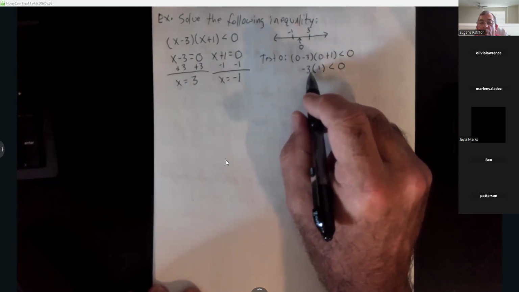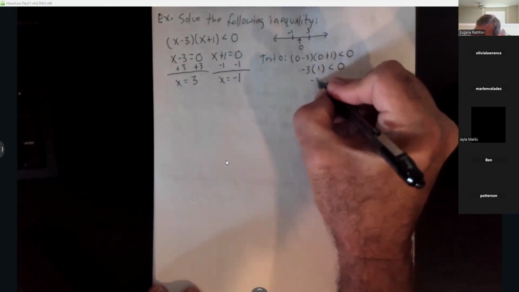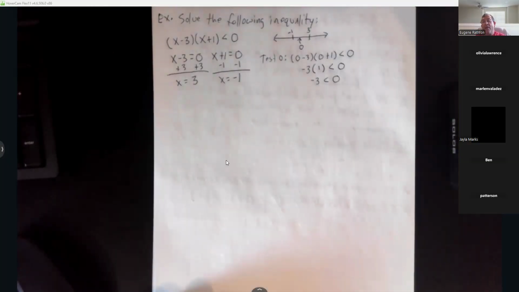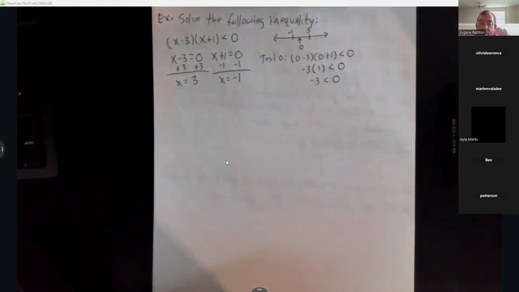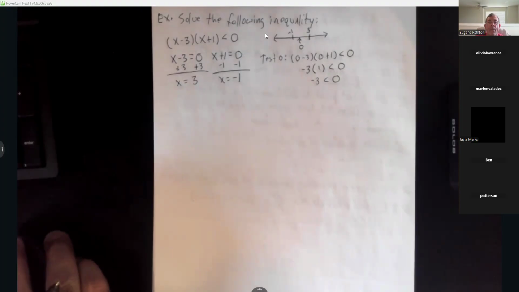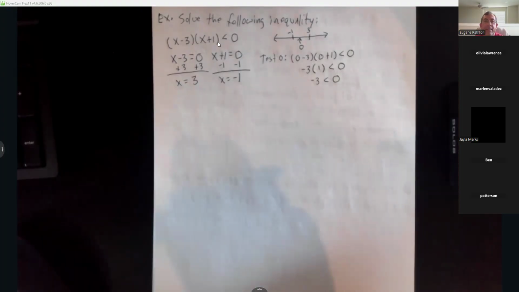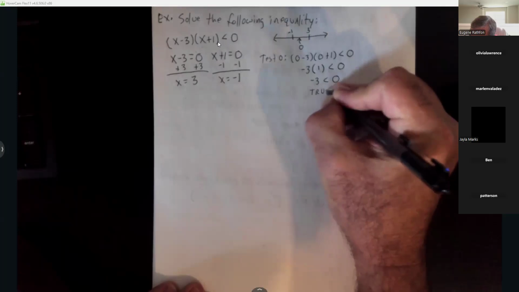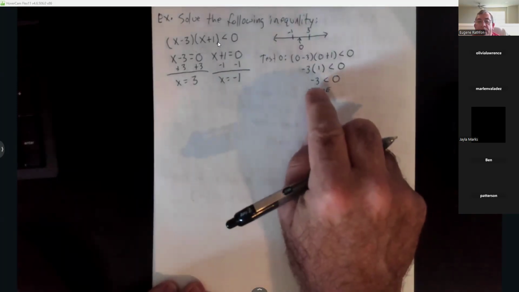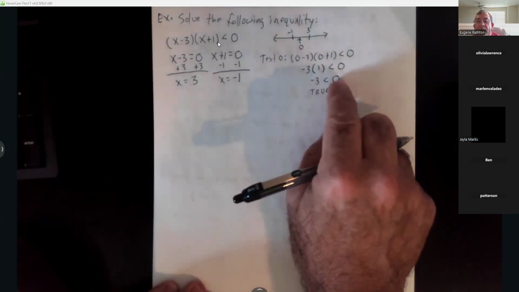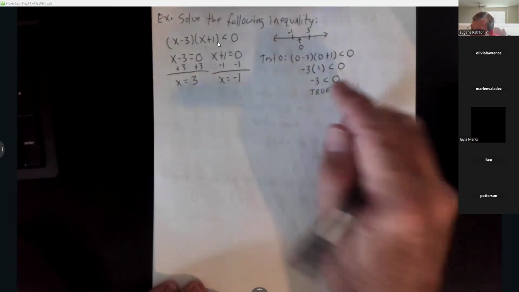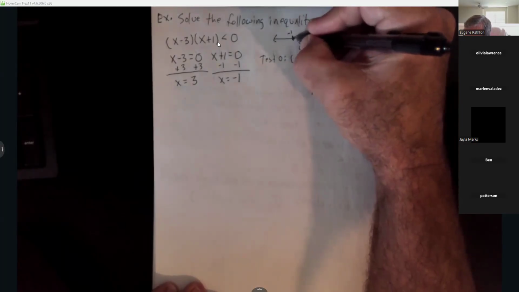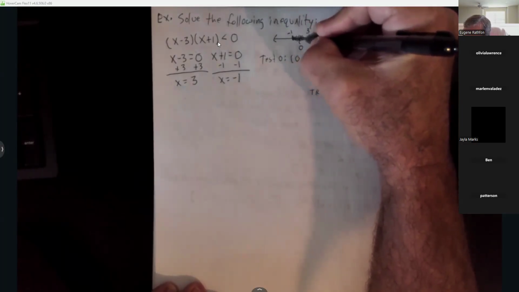So y'all, that's going to give me what? A -3 on the left side, less than 0. So you got to figure out, is that true or false? Well, y'all, that is definitely true. So since -3 is less than 0 is true, you would come in on your number line and shade that section because it was true.